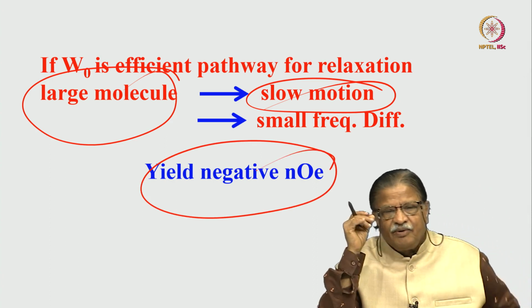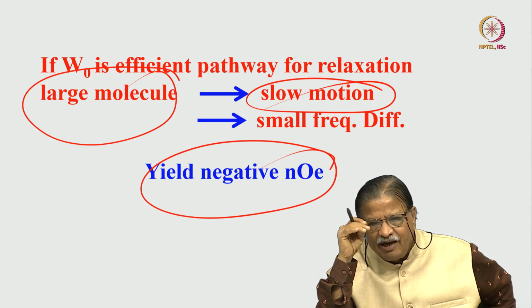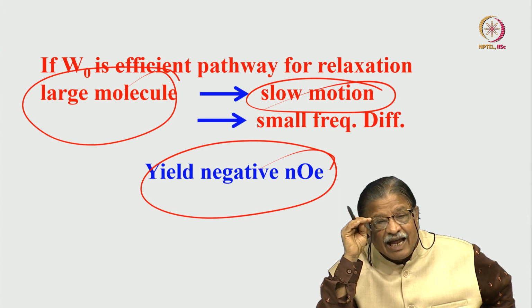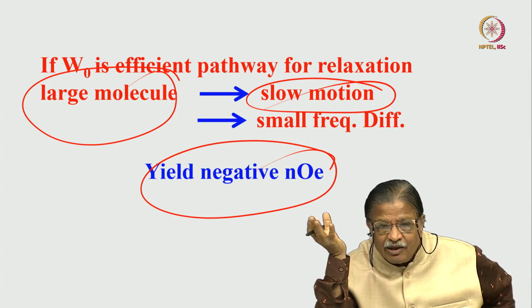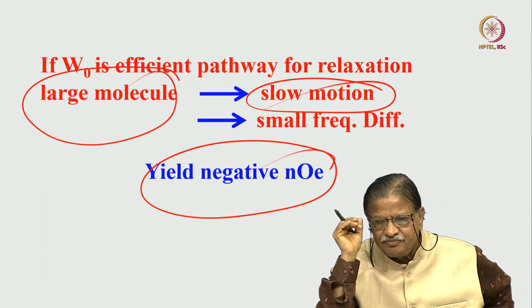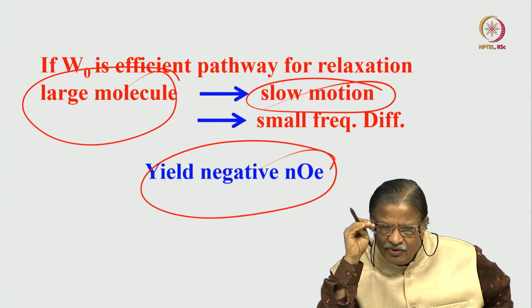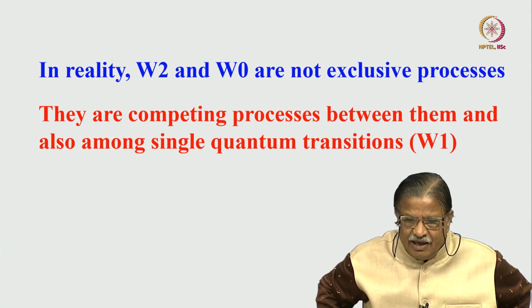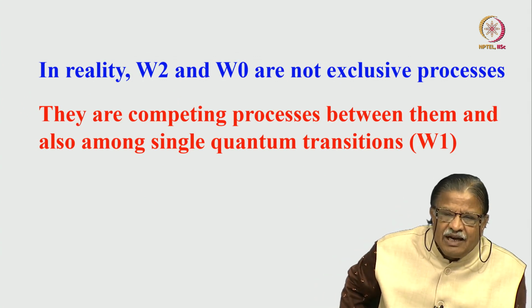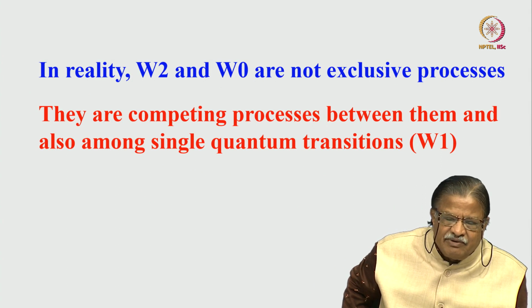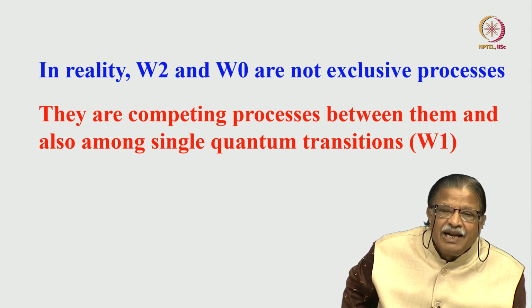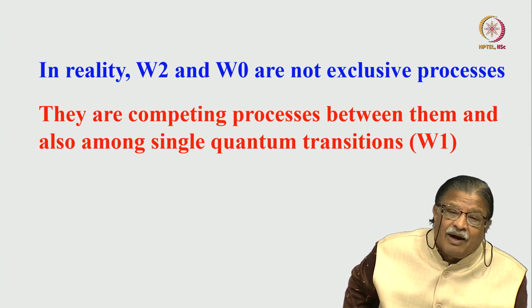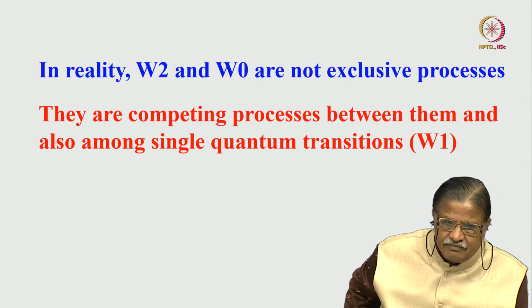If W0 is dominant, you get negative NOE. It can happen only for big, large molecules. For small molecules, W2 is generally dominant and you get positive NOE. So please remember, these are the important sources of relaxation pathway for positive and negative NOE. But in reality, in a given molecule, you do not know what is happening inside the nucleus.